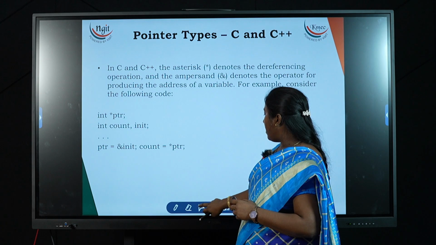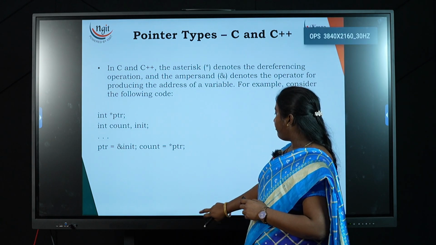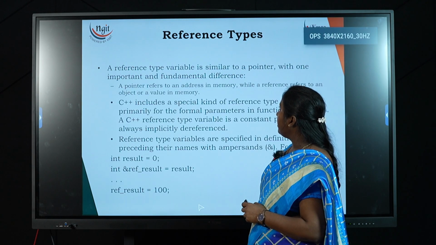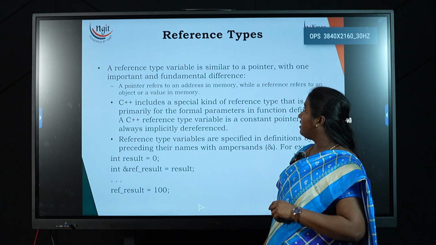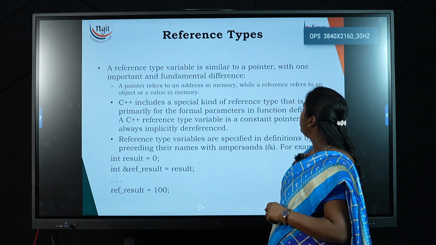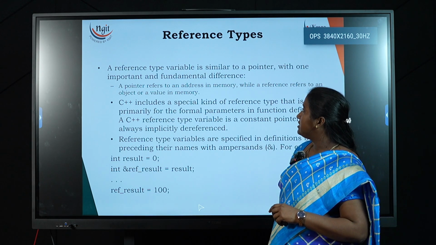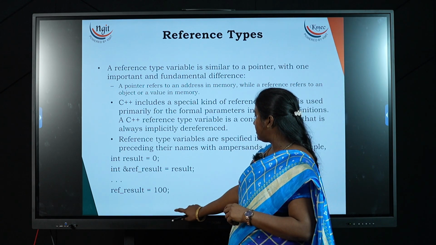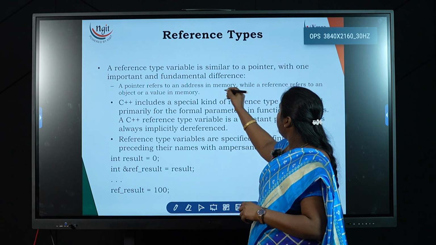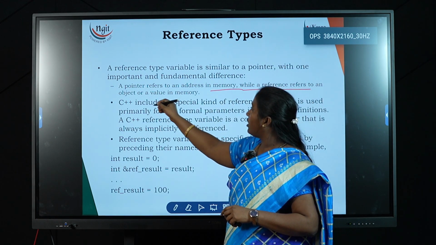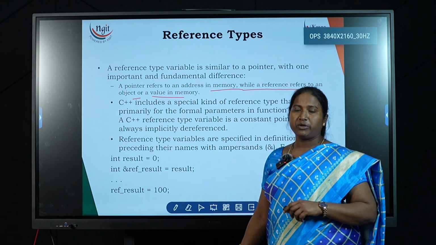Now we'll see about reference types. So what is a reference type? A reference type variable is similar to a pointer with one important and fundamental difference: a pointer refers to an address in memory while a reference refers to an object or a value in memory.